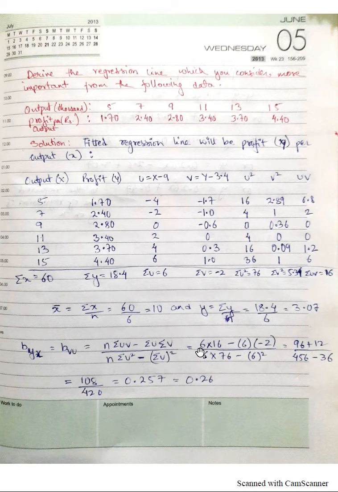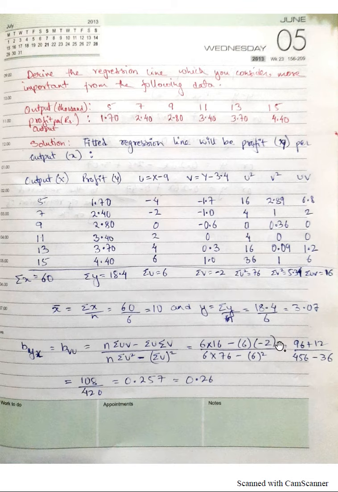We put the values: n is equal to 6, summation uv is equal to 16, so 6 into 16 minus summation u is equal to 6, and summation v is equal to minus 2 here, divided by again n is equal to 6 into summation u square is equal to 76 here, minus summation u whole square, that is 6 square.